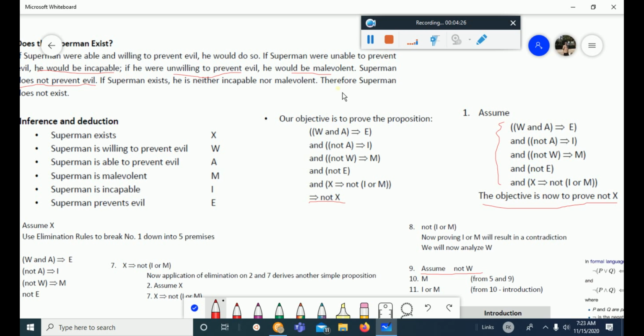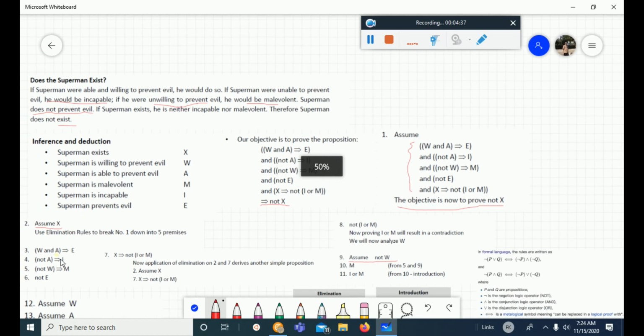Here we have that Superman does not exist, but we will assume X. We will assume that Superman exists, and we will try to show a contradiction. Now we will use the elimination rule to break number 1 down into 5 premises.